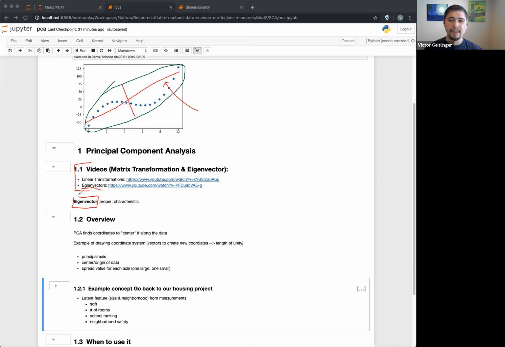True is not the best interpretation, but basically these are the proper vectors. When they say eigenvector, they really mean the proper axis, the true axis, and the way we say it's a true axis or proper vector is based on a transformation. Basically, these eigenvectors appear when you have a transformation.